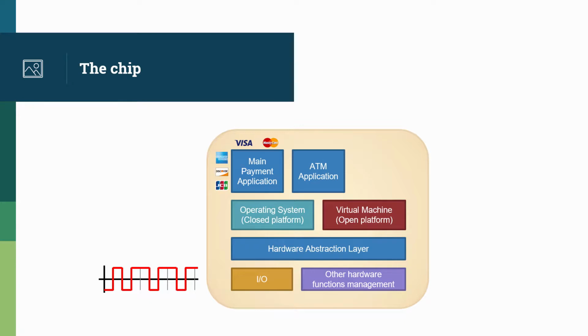But they can also contain dedicated ATM applications for specific ATM networks, or a secondary payment application, for example a debit application, or an electronic purse, or a loyalty application, for instance to store vouchers or loyalty points, or any kind of application that the card issuer wants their customers to benefit from.